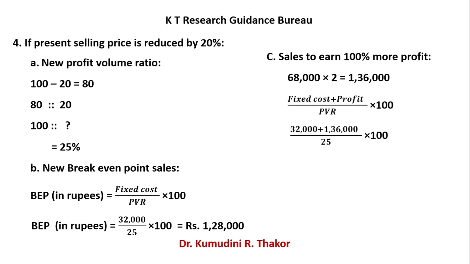Now it is easy to find out. F plus P by PV ratio, means fixed cost plus profit by PV ratio into 100. Your fixed cost is 32,000. Your new profit is 1,36,000 by 25 into 100.